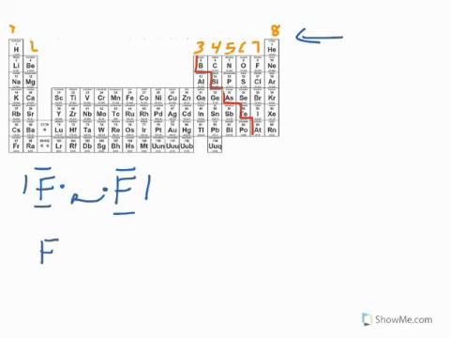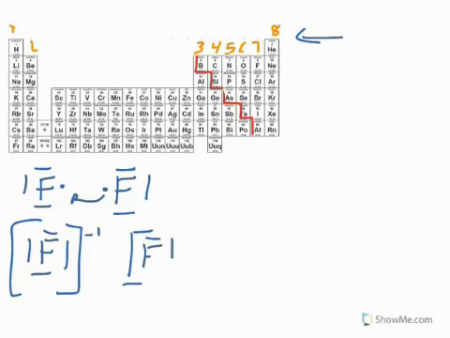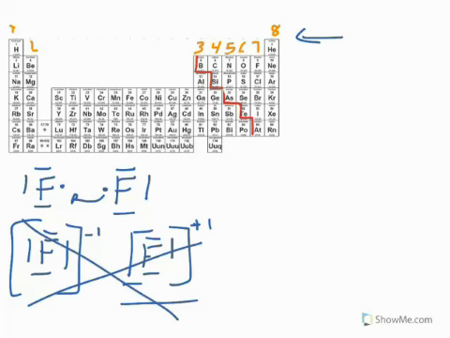So I would get fluorine -1 and fluorine +1. This would be the fluoride ion, and I don't know of a fluorine cation. This is not going to happen. It never happens between covalent compounds that are nonmetal bonding. So put a big X through that, because what they do instead is share.